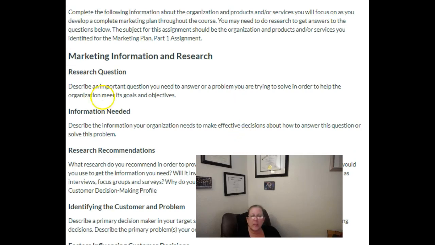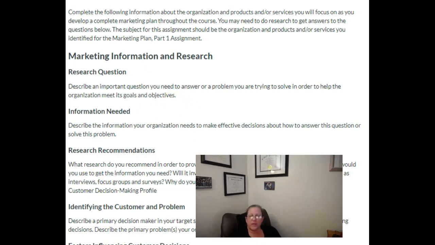So you will complete the following information about the organization and products or services that you're going to focus on as you develop a complete marketing plan throughout this course. You may need to do research. You will need to do research to get answers to the questions for the assignment.